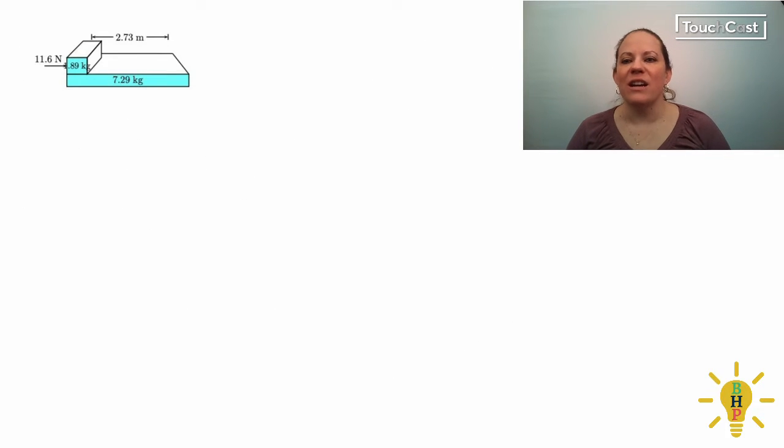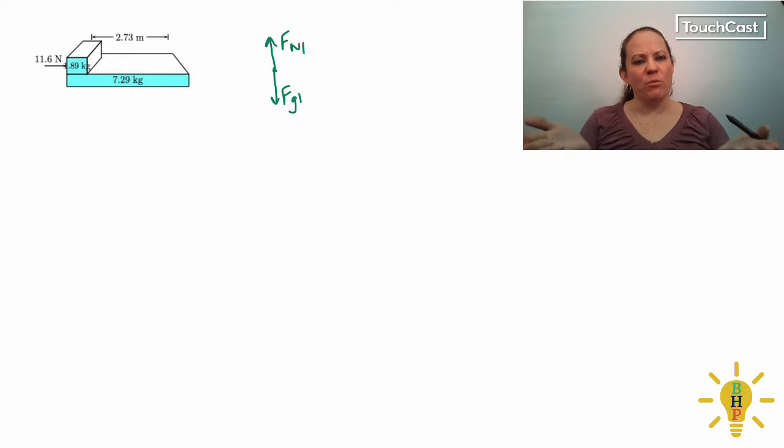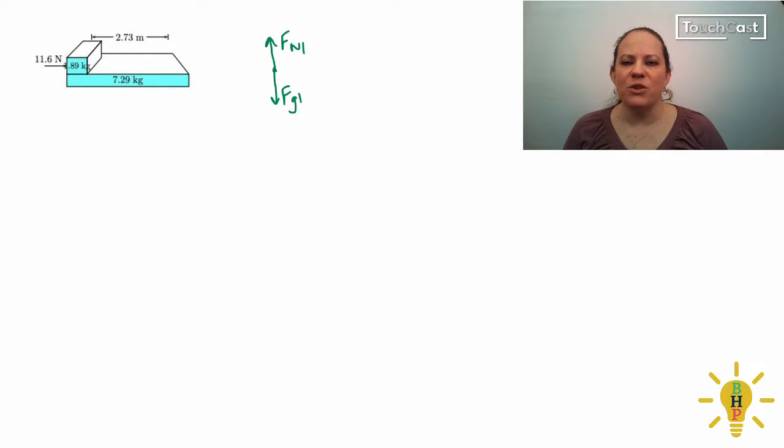So here is our basic situation, and we want to just go ahead and start with our usual force analysis with a free body diagram for our small block. Sorry that that's actually not quite as straight as I'd like to make it. So we've got a support force, a normal force upward on that small block, and a gravitational force downward.